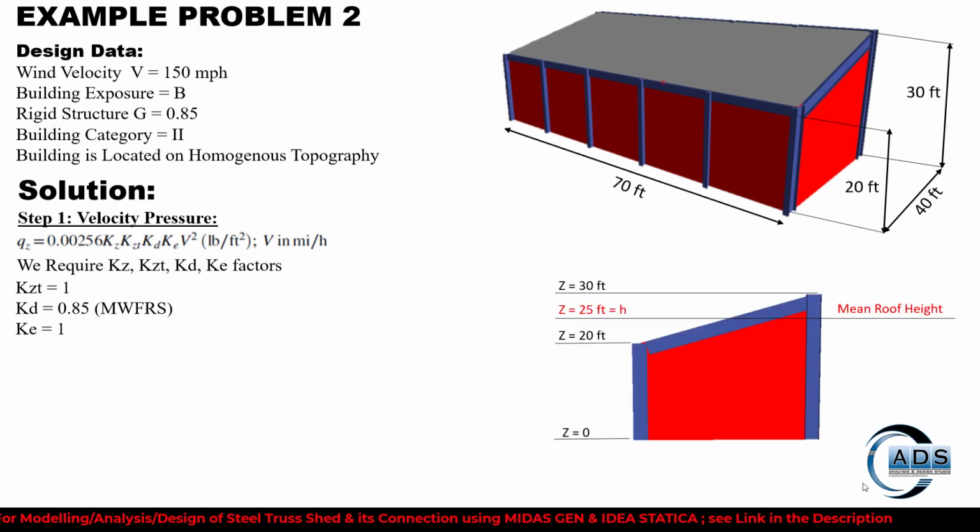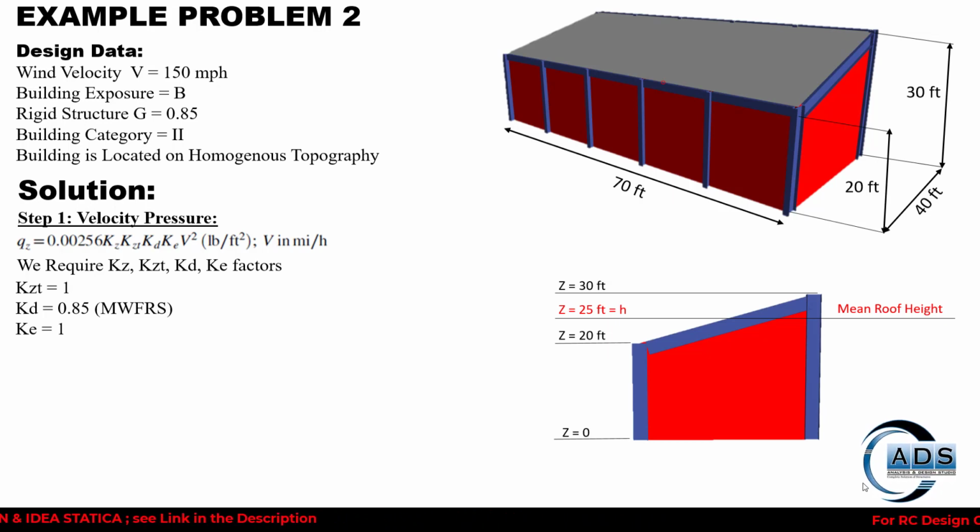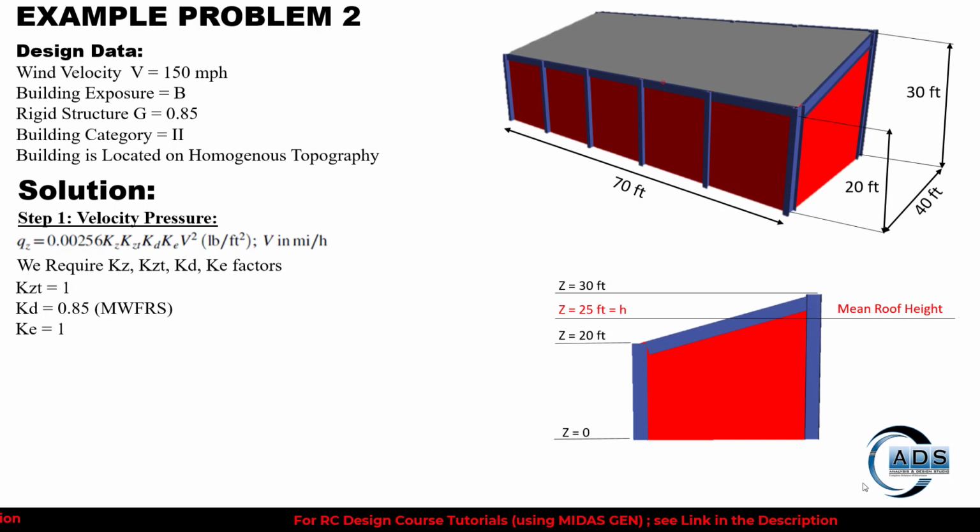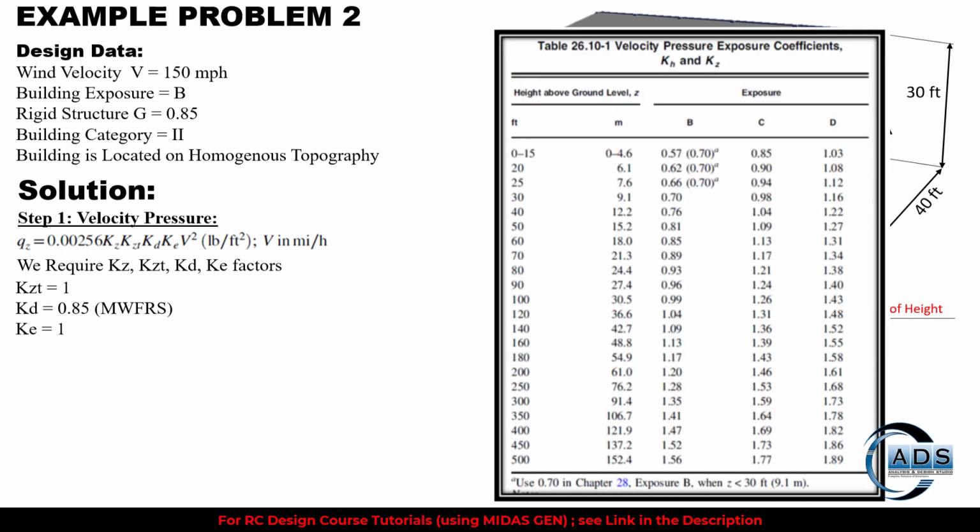We will calculate wind pressures at these levels: z equals 20, z equals 25 and z equals 30. z equals 25 is the mean roof height. So we will use this table to find the Kz factor at 15 feet, because from 0 to 15 feet the wind pressure is uniform and then it will change as per height.